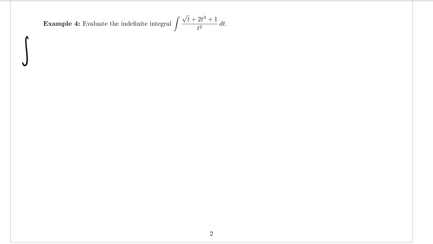So let's look at our indefinite integral. The square root of t is the same thing as t to the 1/2 power, and I'm going to split this up into 3 separate fractions.